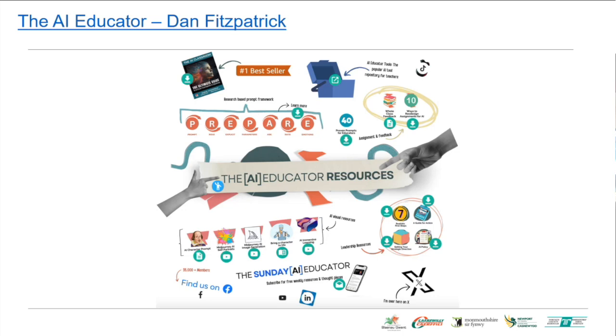You can sign up to his weekly newsletter where he sends out up-to-date things and things that he's done. But you also get access to this ThingLink page here. There are a number of links to resources that he's used or created with his schools as well.